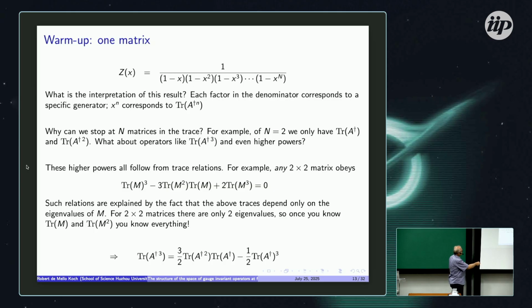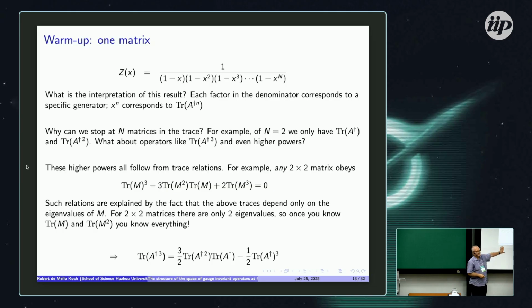Once we know the trace of m and the trace of m squared, we can work out the trace of m cubed. And this equation over here is obeyed for any 2 by 2 matrix. Our a dagger is a 2 by 2 matrix, so using the trace relation, we learn that trace a dagger cubed is indeed a polynomial in trace a dagger and trace a dagger squared.